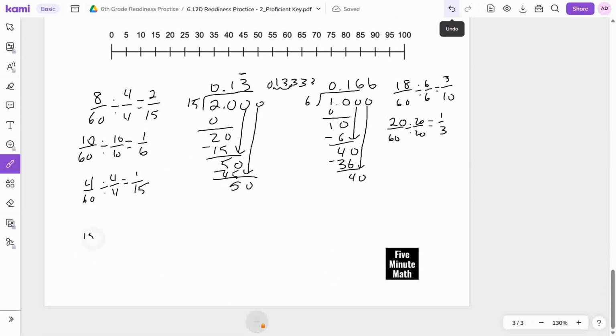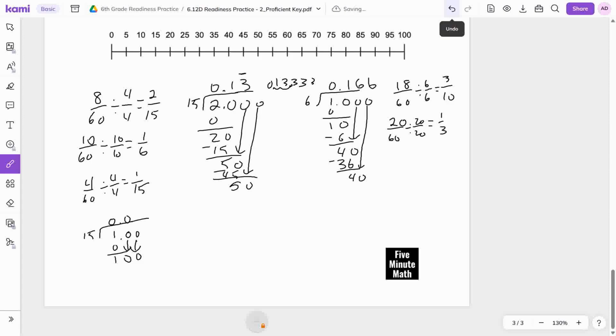Let's do this. 15 goes into 1, and so that's going to be 0, obviously. Let's bring a decimal down. That also is a 0, so we're not getting anything there either. It's not until we get a 100 that we get a 15.